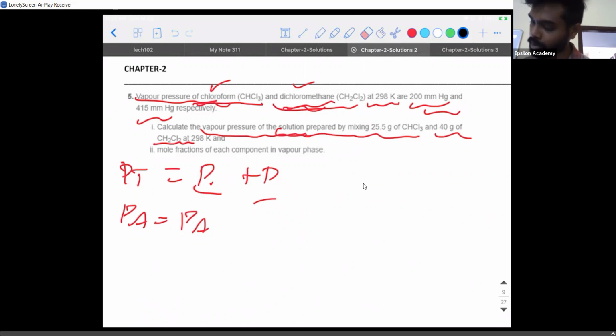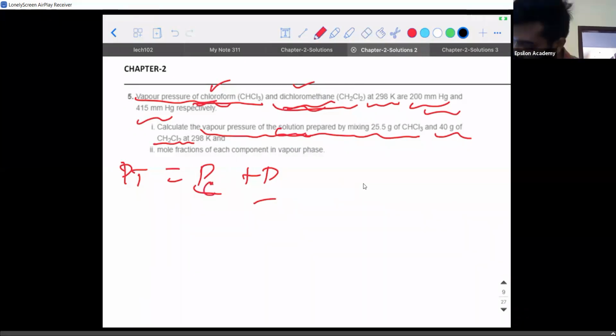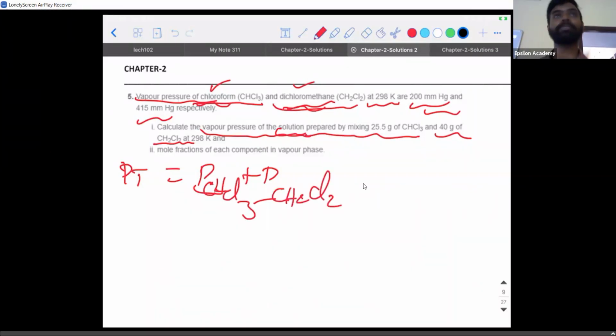So P of CHCl3 plus P of CH2Cl2. Right, okay.